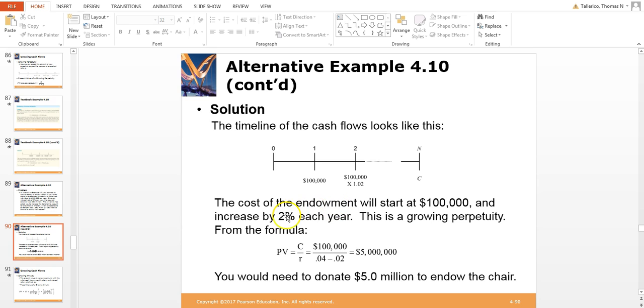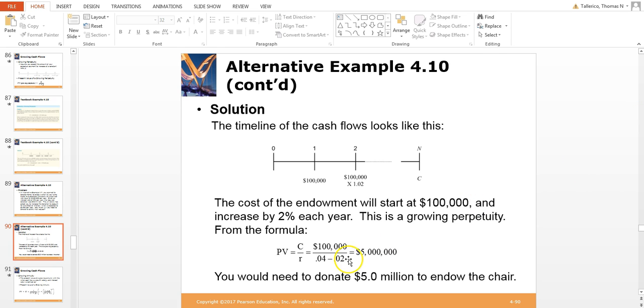But if you want a growth rate of 2% every year, you now need $5 million to endow the chair. So you're going to start at 100,000 and then just increase by 2% a year. So that's 0.04 originally minus 0.02.